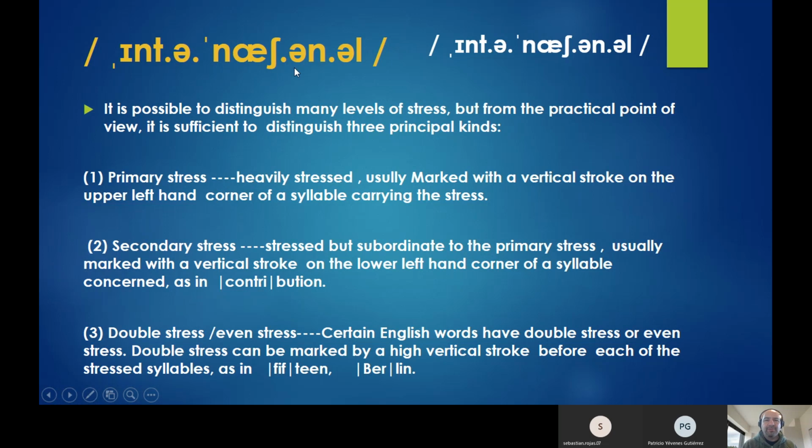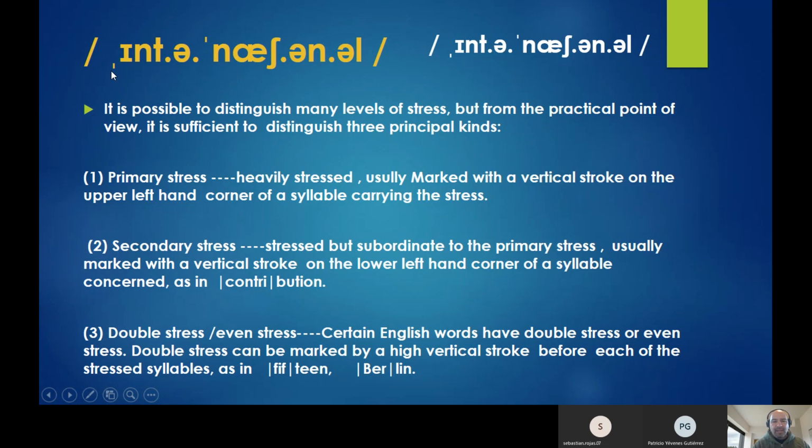We're saying the noun, the verb, the adjective, or the adverb. Okay, the primary stress will always be placed on the content word and not on the prefix.